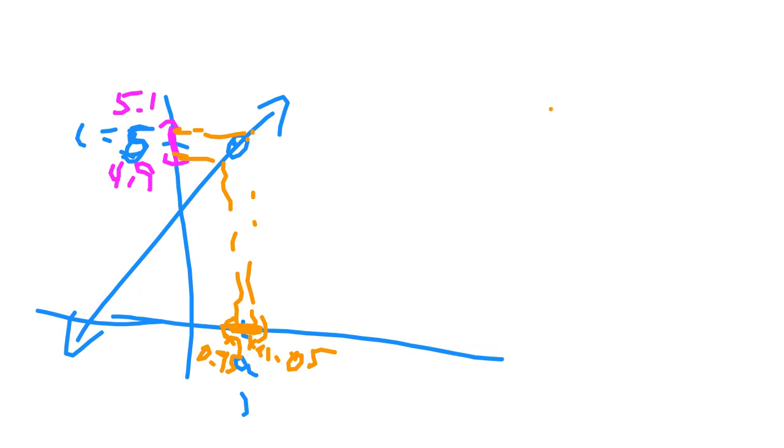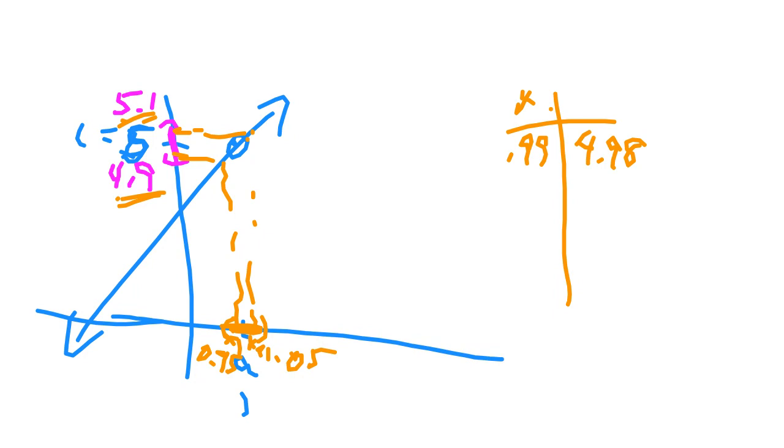So for example, if I have x equals 0.99, well, what does that map into? That's in the window, right? Well, we already figured that one out. I think it was 4.98 for f of x. Well, that's in between 4.9 and 5.1, right? We also looked at 1.01. That's in between 0.95 and 1.05.